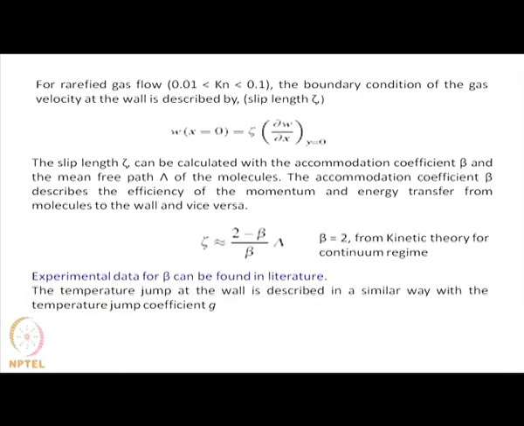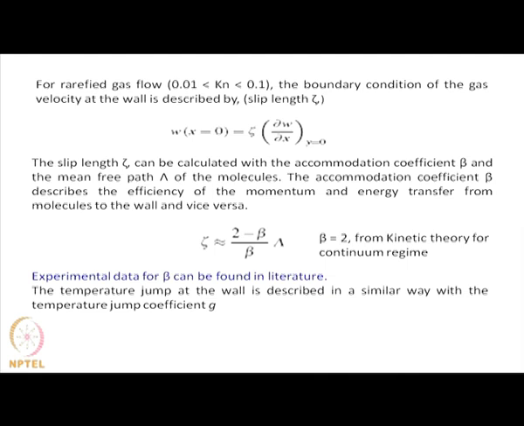Okay. So the experimental data on the accommodation coefficient beta defines the efficiency of the momentum and energy transfer from molecules to the wall and vice versa. Beta can be calculated from kinetic theory, and there is a large quantity of data on beta which can be found in the literature.